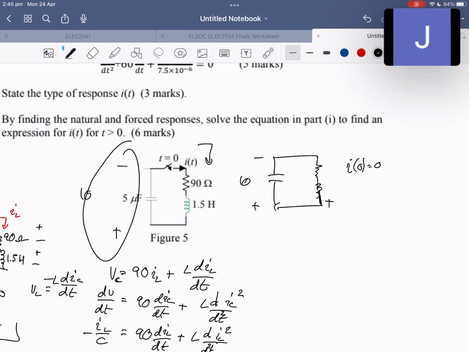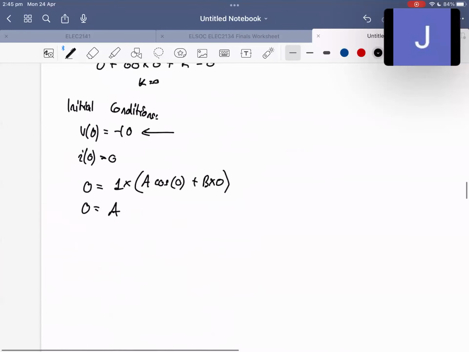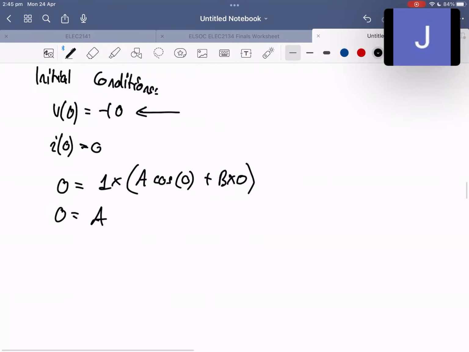Right, because it sees this terminal and then this other terminal effectively, since there's no current flowing in the resistor. So we can say V_L of 0 is negative 10.